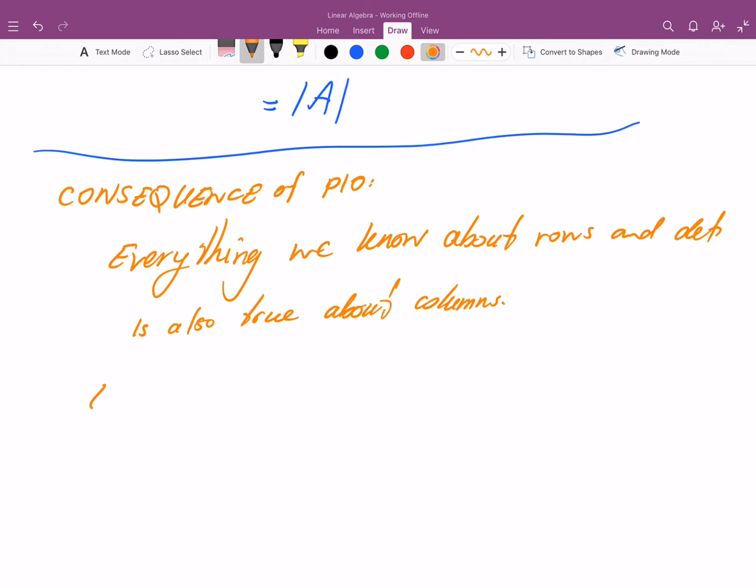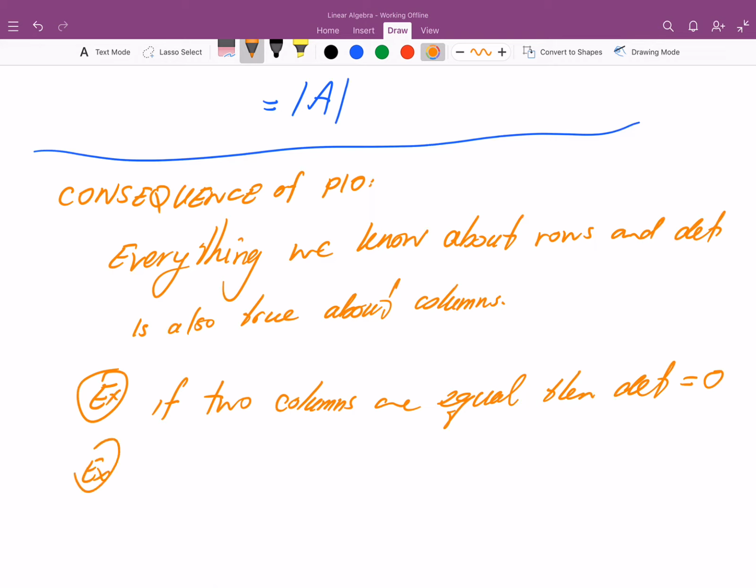For example, we had a property that said if two rows are the same, then the determinant is 0. So now we could say if two columns are equal, then the determinant is 0.